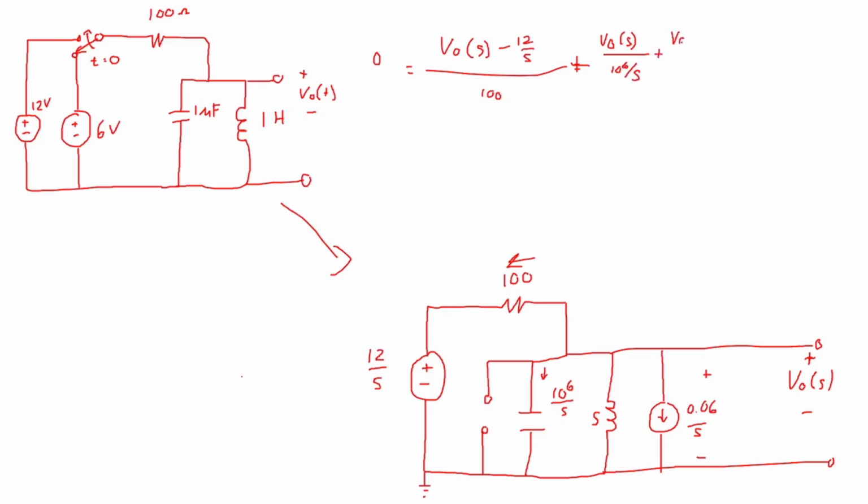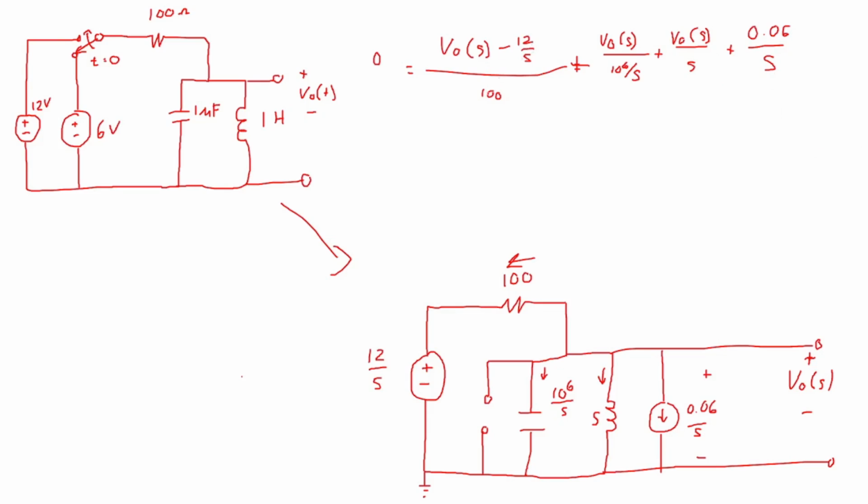Plus V out of S over S. That's the current through the inductor. Plus 0.06 over S. And that 0.06 is just a number of amperes divided by S. Okay, so we get this calculation.